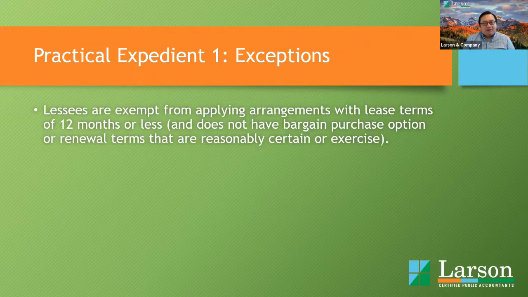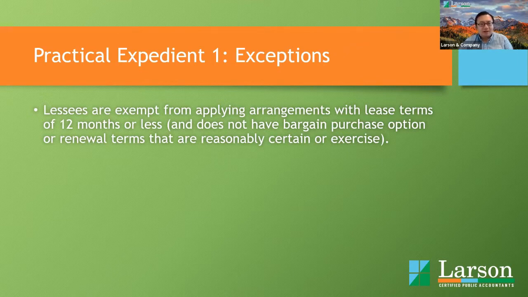leasing a printer, right? And your lease for that printer is 11 months, and you don't have a bargain purchase option or renewal terms at the end of the lease, then you don't need to capitalize or present value that to record the right-of-use asset or the liability on the books.